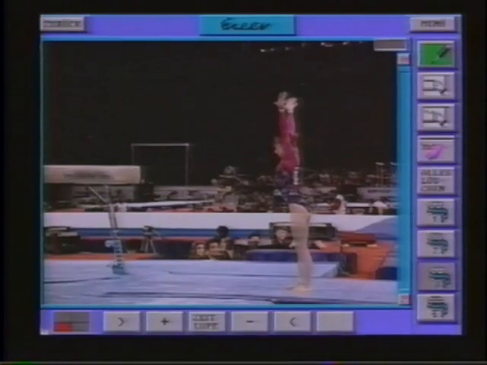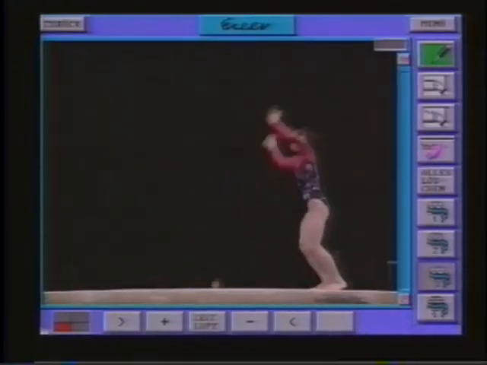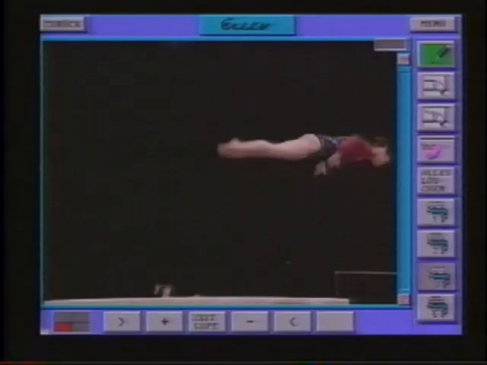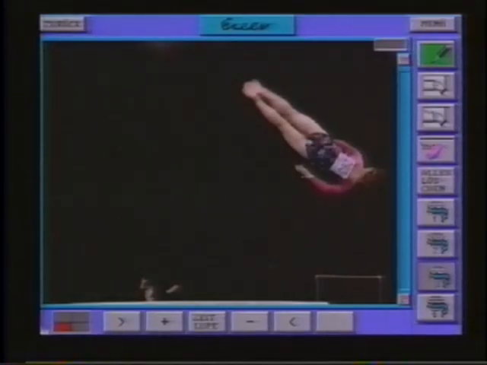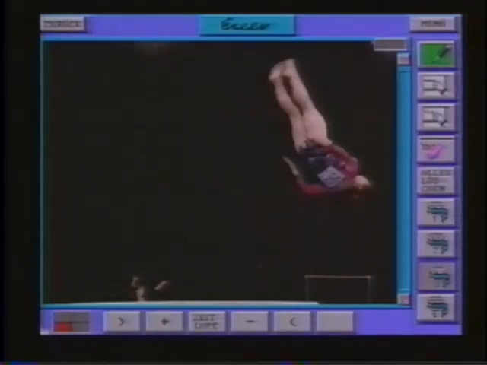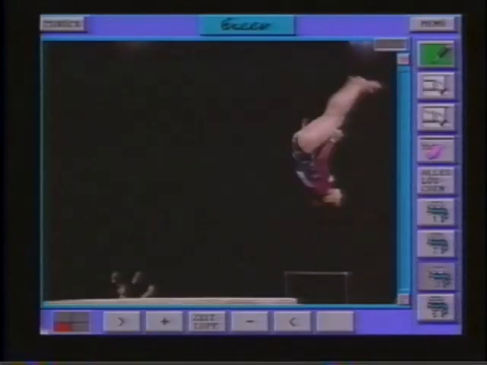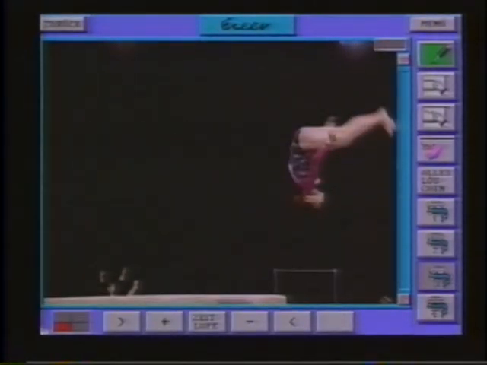Tsukahara as beam dismount, piked or tucked, E. We are seeing a good height, good distance, and combined turn. Slight form fault of the legs. Slight opened legs, minus 0.05.